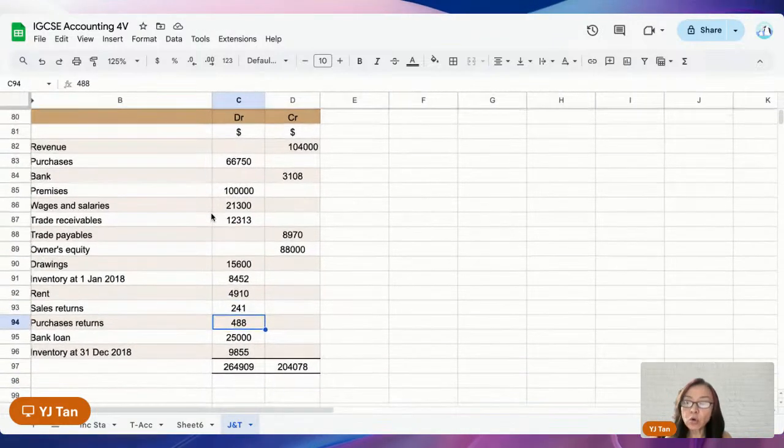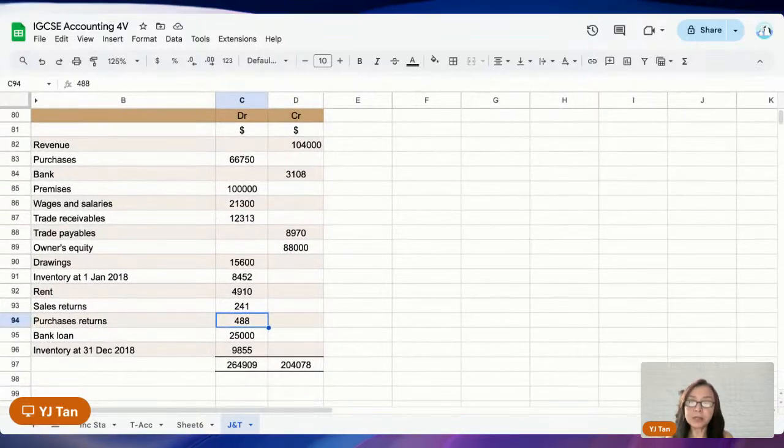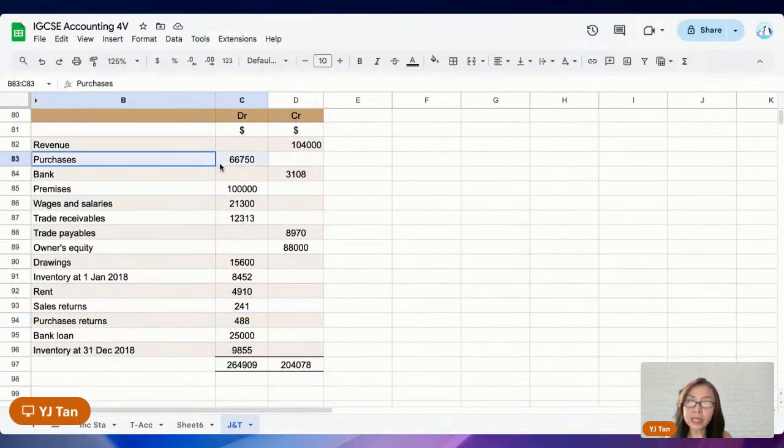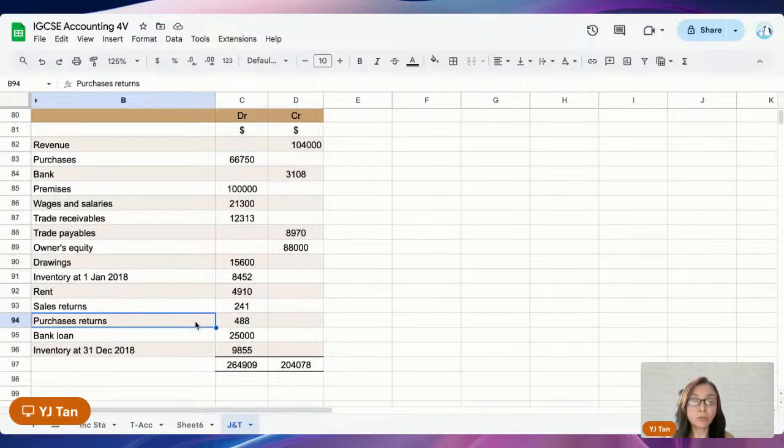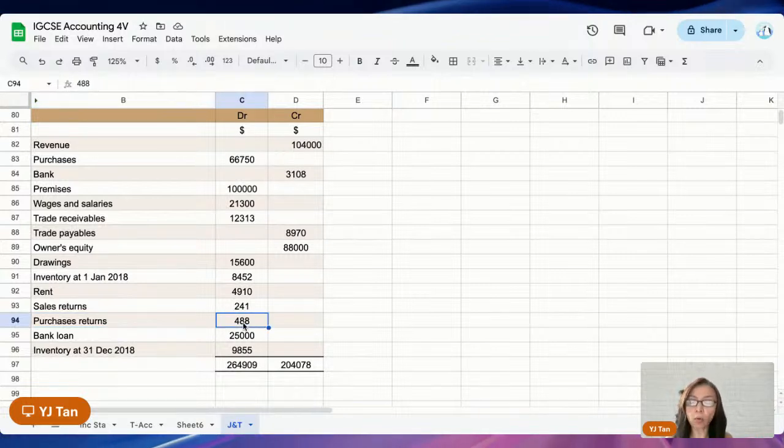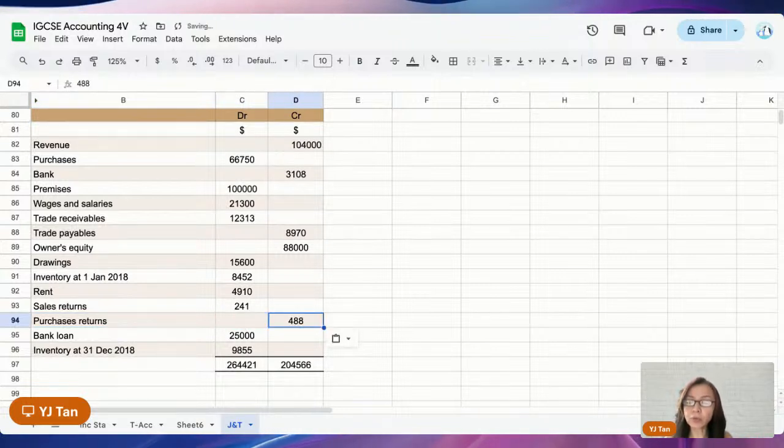And the same goes for purchase return. Purchase every time should be in the debit side. However, in this case, it says that the purchase return is in the debit side, which is wrong. So we have to move the purchase return of 488 to the credit side.